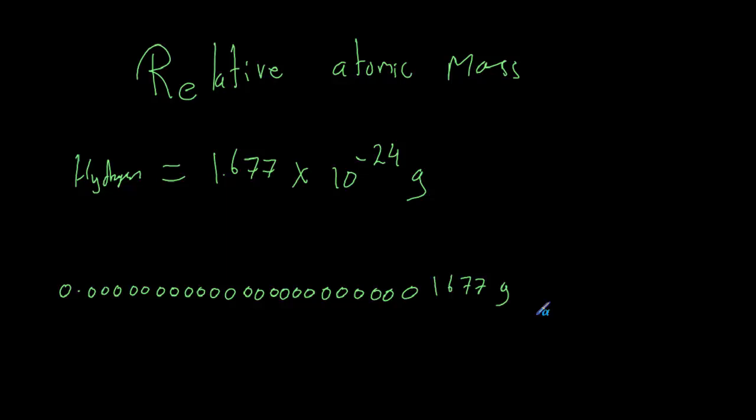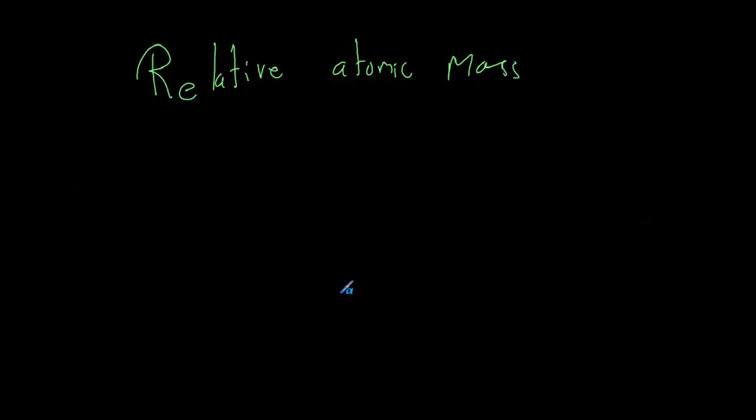That is what we're talking about when we're thinking about the size of an atom. And so these numbers are obviously no good for us, and there must be an easier way for us to work with the size of atoms. And of course, that is going to be our relative atomic mass. A lot of the time you'll see it given the symbol Ar. That just means atomic, the big A for atomic and the R for relative.